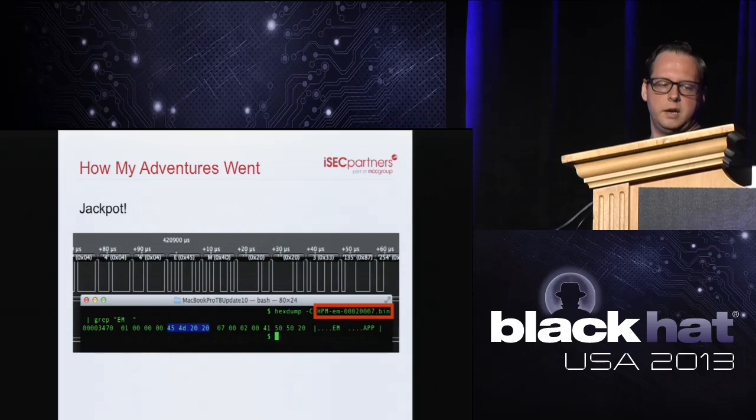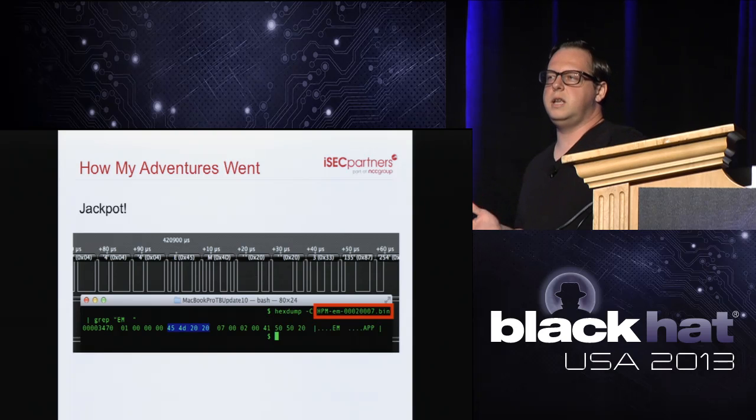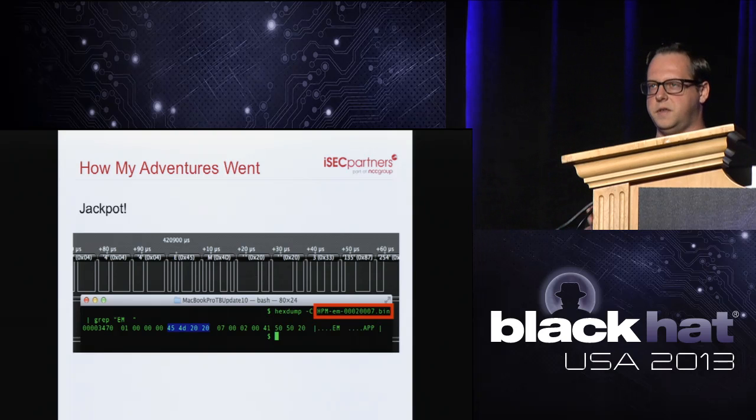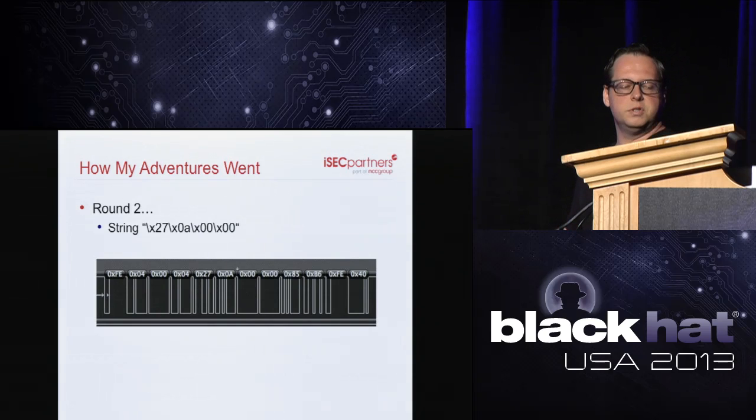We take our string and look for that EM space, and sure enough, we find it in our HPM bin file. So now we have a pretty good understanding that this is going to be the ARM firmware, but maybe we just got lucky. Maybe there were just four sequential characters that happened to make that up. So let's see if we can find another sequence of characters.